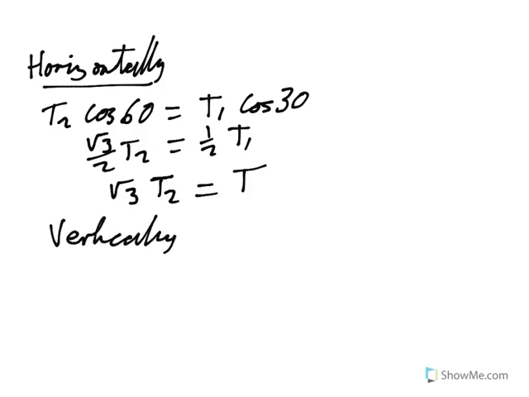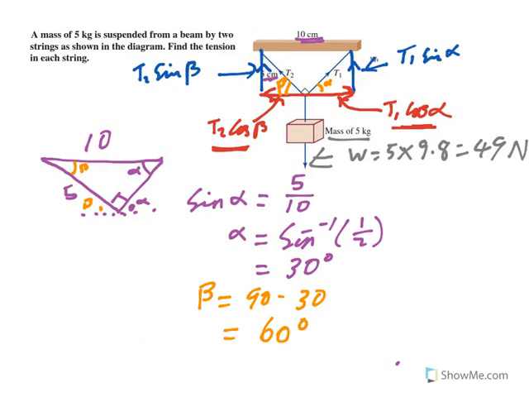Alright, vertically. So let's go and have a look at what we've got vertical. Well, vertically we've got this weight force down, and we've got these two forces acting up. Alright, so T1 sine alpha plus T2 sine beta is equal to 49.